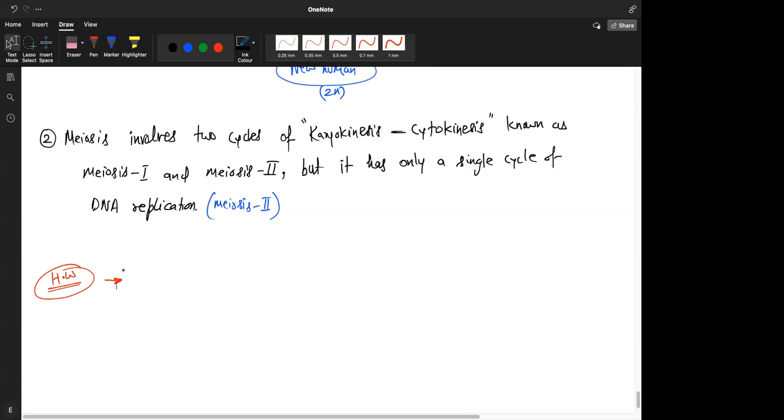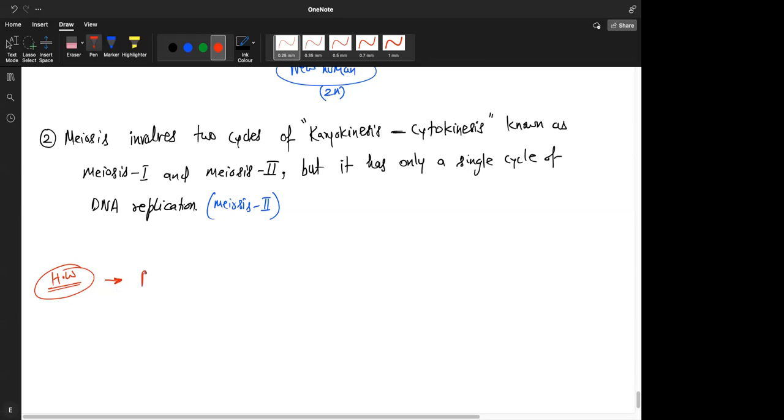Remember, in prophase 1 of mitosis, there were two things happening: one, the condensation of the DNA in the nucleus, and two, movement of the centrosome in the cytoplasm towards opposite poles. Yes or no? That movement will happen here also, but with respect to the condensation of the DNA, it is more elaborate.